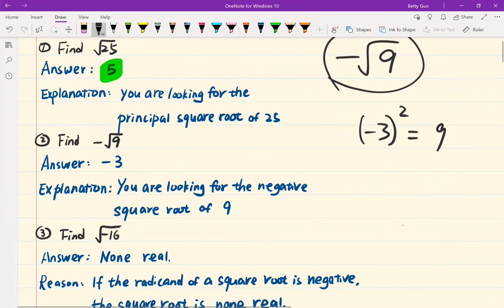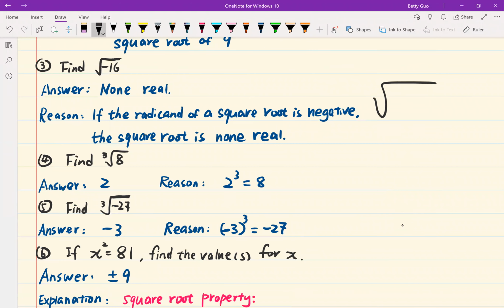Number 3, we need to find the square root of negative 16. Let's think: negative 4 to the power of 2 is a positive 16, right? Remember, if the radicand of a square root is negative, then the square root is non-real.